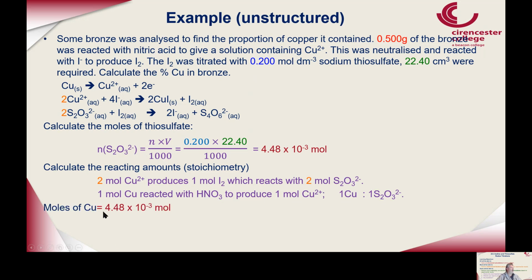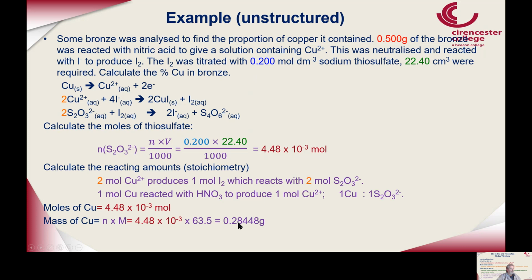So therefore we can work out the moles of copper. Moles of copper is going to be the same as the moles of thiosulfate. So what is the mass of that many moles? Well, we need to do the number of moles times the AR, or the relative atomic mass of copper. Copper is 63.5, so multiply the moles by 63.5.